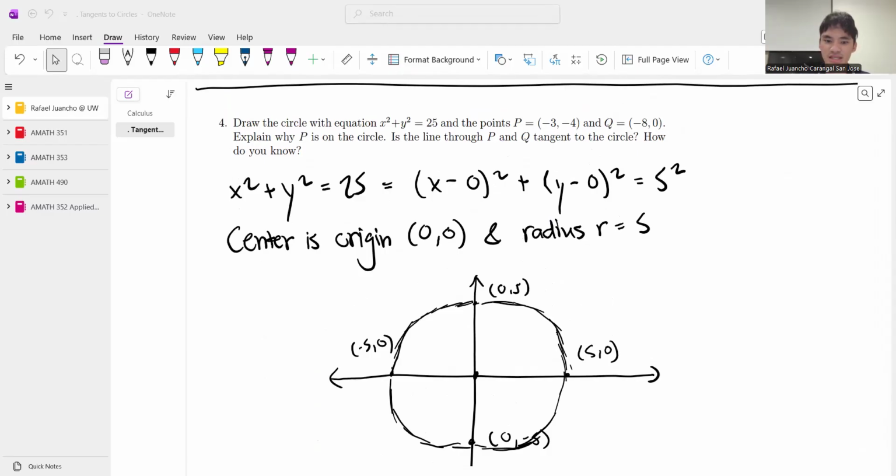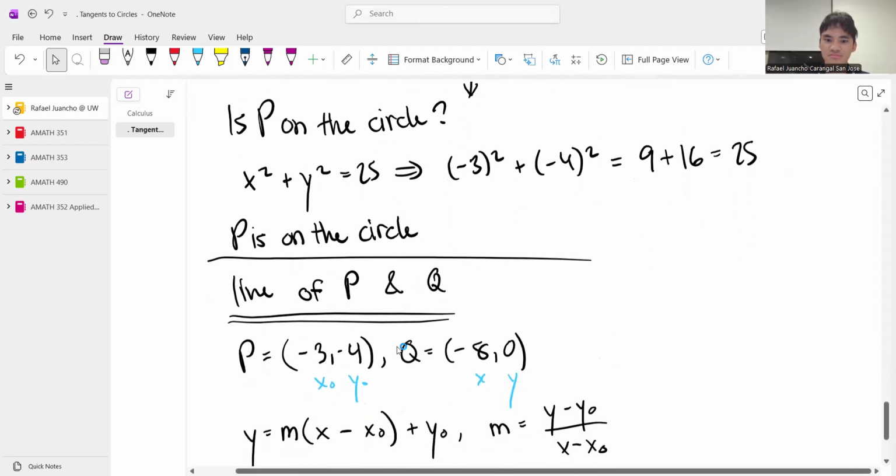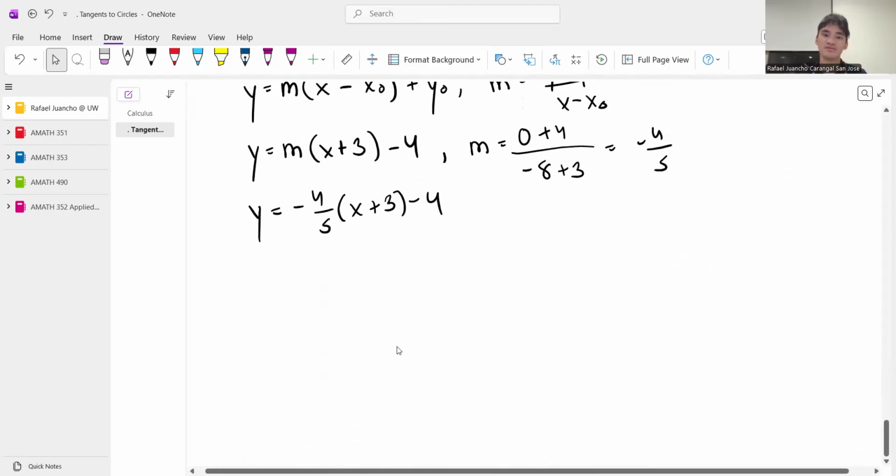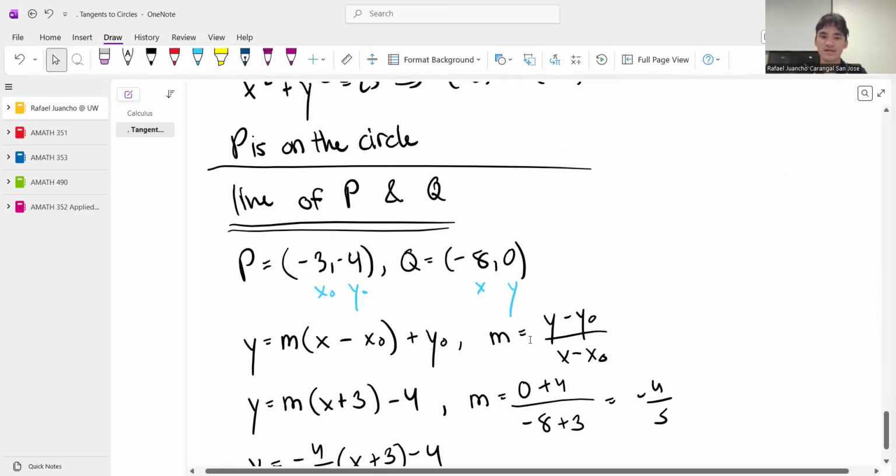We need to draw that line. And then we find the radial line. Yeah. So we need to draw out this line of P and Q.